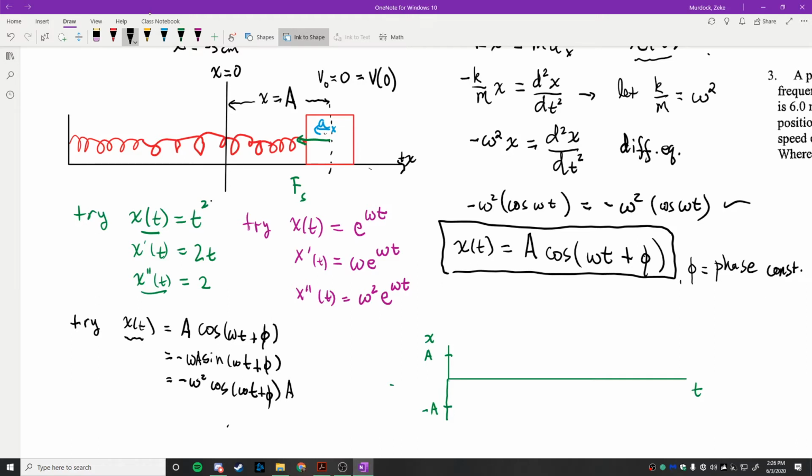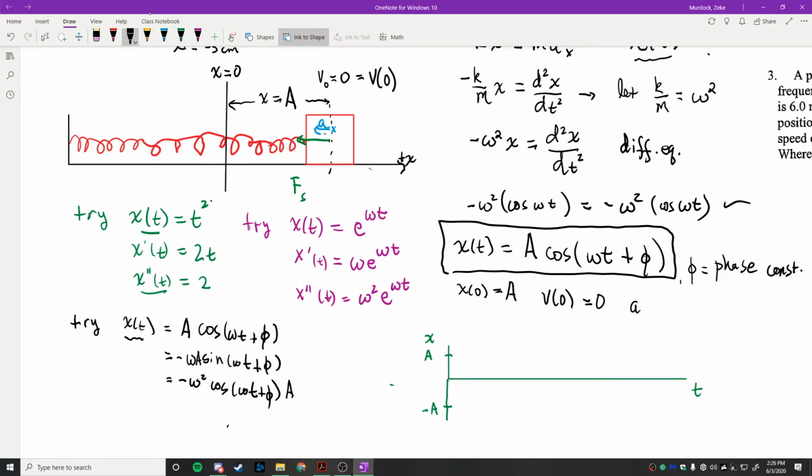Now, we need to make sure that at time equal to 0, the object has a 0 velocity and has an amplitude that's equal to a. What we know is that x of 0 has to be equal to a. And we also know that v of 0 has to be equal to what? 0, right?